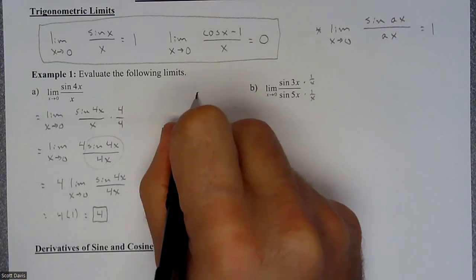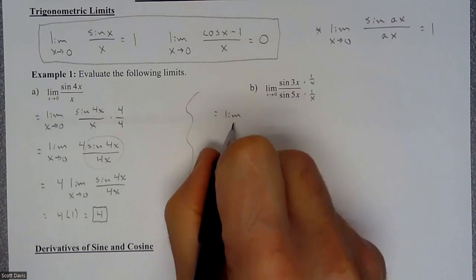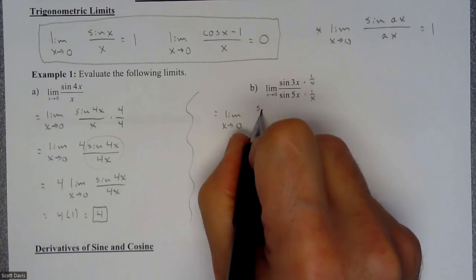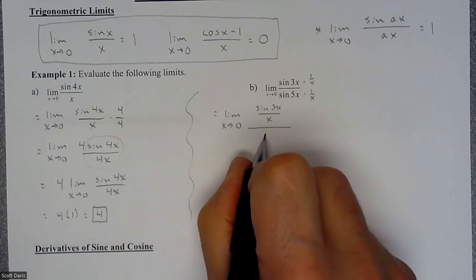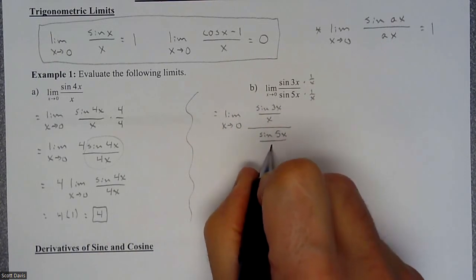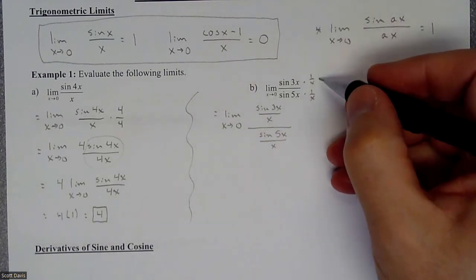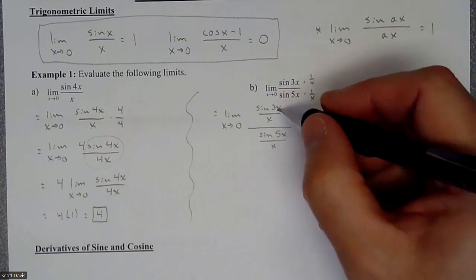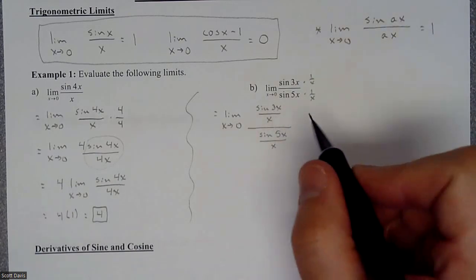So we're going to be doing now the limit as x approaches 0 of sine 3x over x over sine 5x over x. We can multiply by anything we want as long as we're doing the same thing to the top and the bottom. So we're multiplying by 1 over x and 1 over x, which gets us closer to what we're looking for. But now we have to look at it independently.